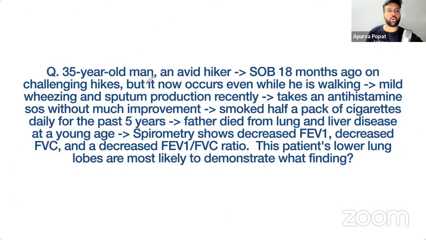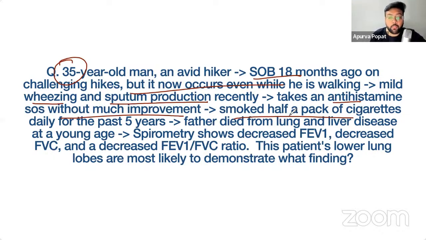A 35-year-old man who is an avid hiker comes with shortness of breath. Initially it occurred on exertion, but now even while he's just walking. So progressive shortness of breath in a young patient. He has mild wheezing and sputum production. He takes antihistamines without any improvement. He had some history of smoking. His father died from lung and liver disease.